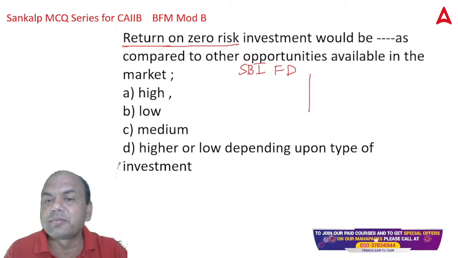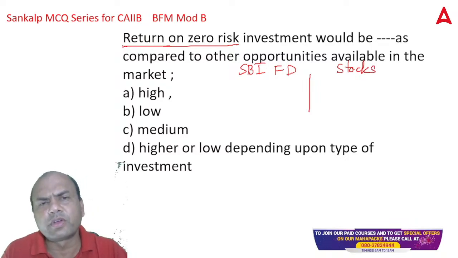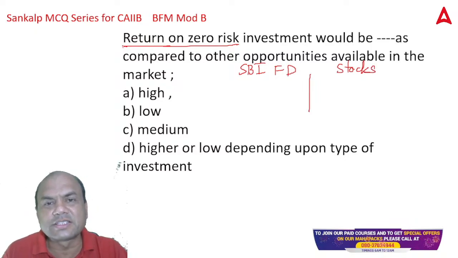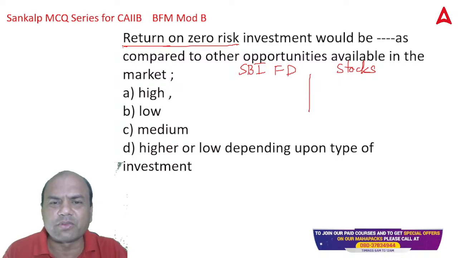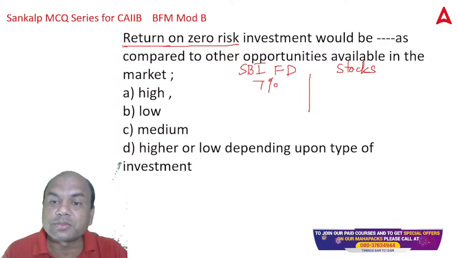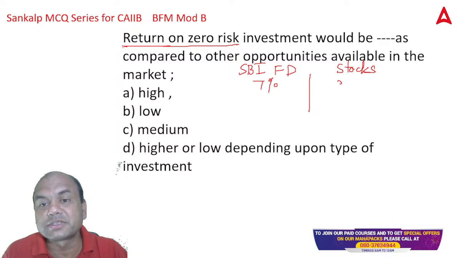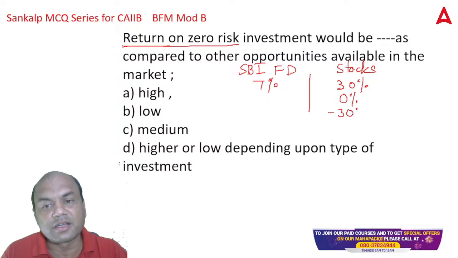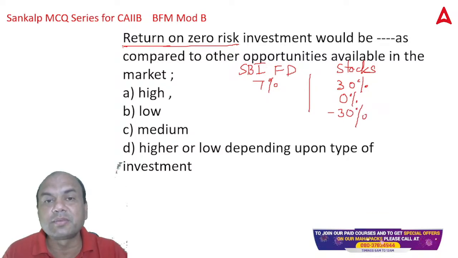Or second, I keep the money in stock markets, stocks. What will happen? This SBI FD is safe, something like 6-7%, whatever I'll get, roughly. That is safe. But what about the stocks? These stocks might give me, let's say, 30%, or 0%, or minus 30%, isn't it?